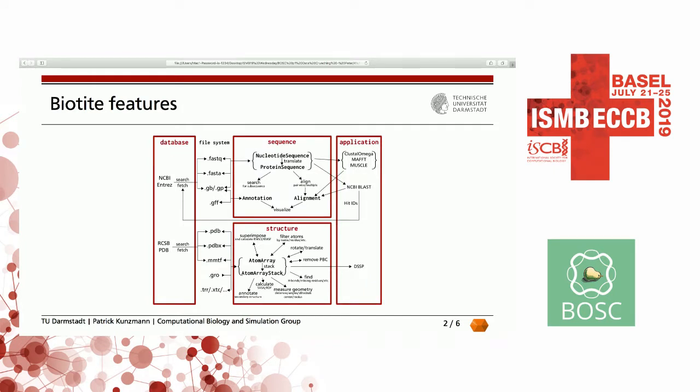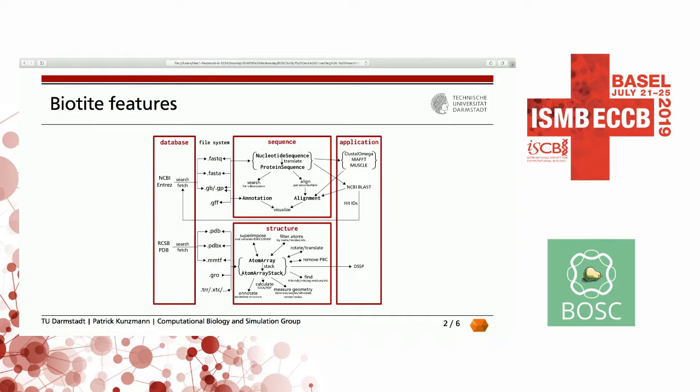Biotite is separated into 4 subpackages that represent a common workflow in computational molecular biology. At first, the database subpackage is used to download data from biological databases like the RCSB or NCBI. The downloaded files are then loaded into Python objects via the sequence or structure subpackage respectively.